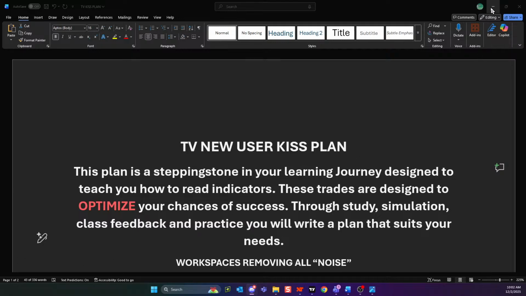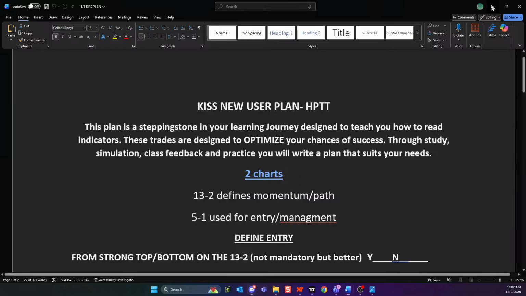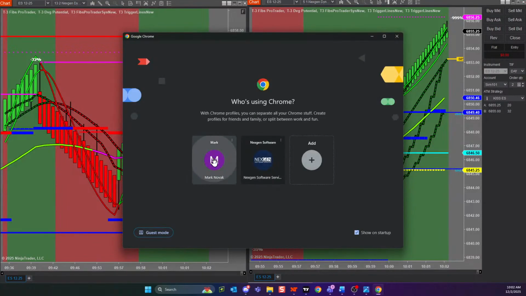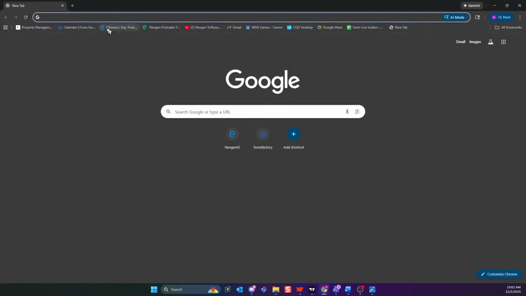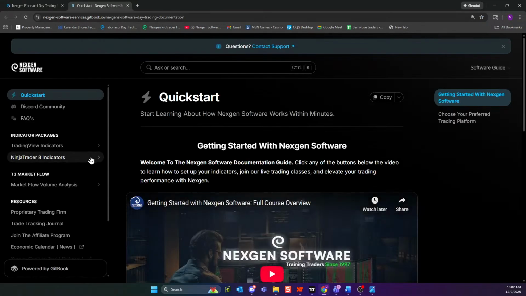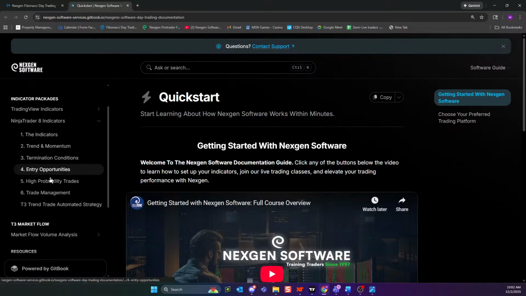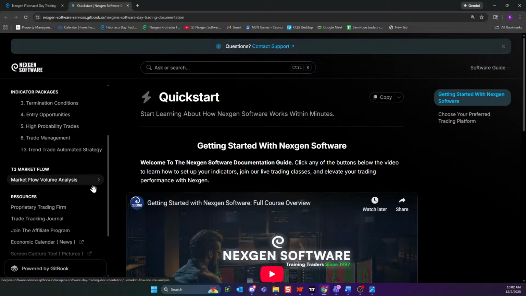Did you guys know, fun fact, that on the Nexgen website, if you go to the trading guide, there is the high probability trend trade that we talk about that builds a foundation.